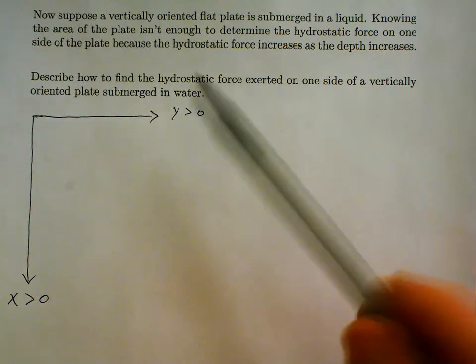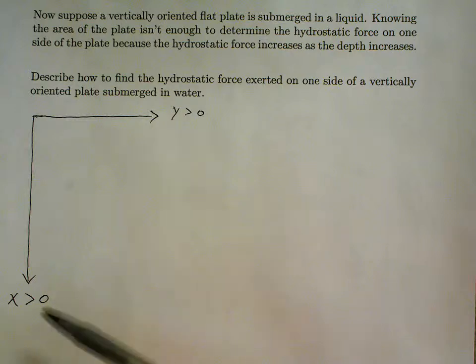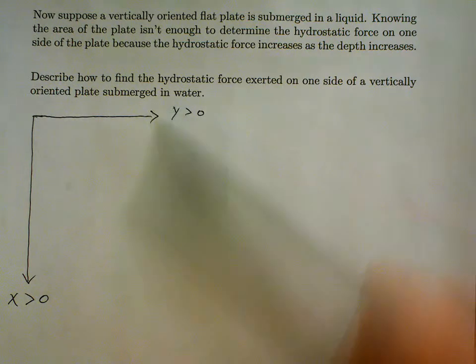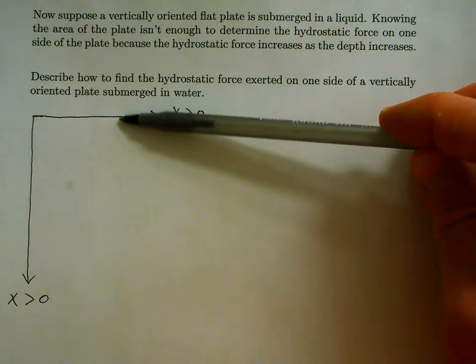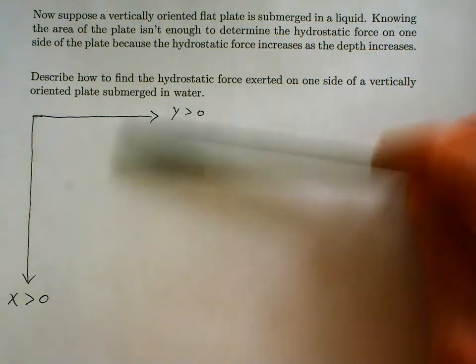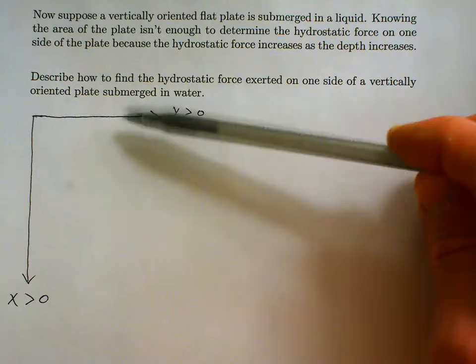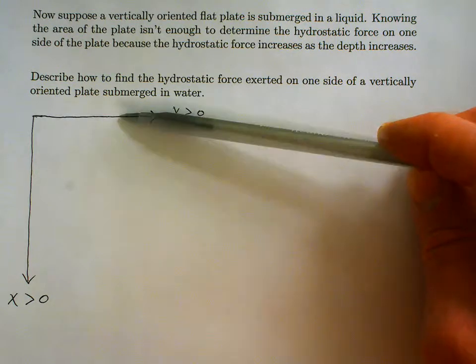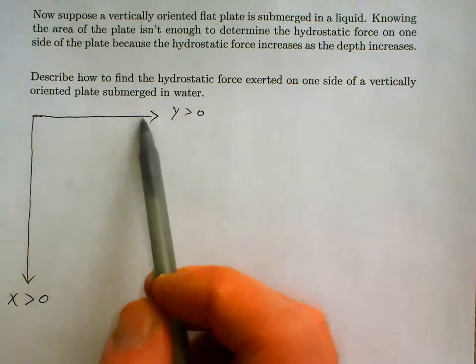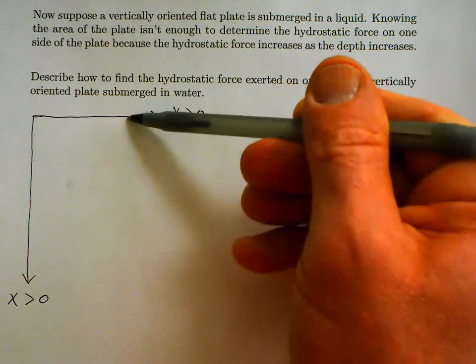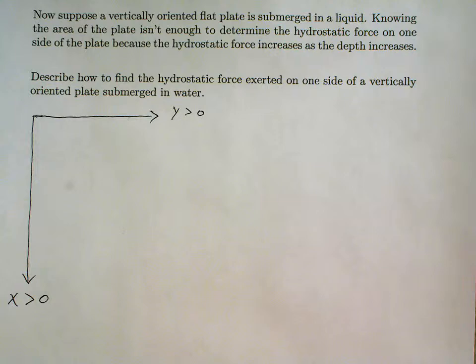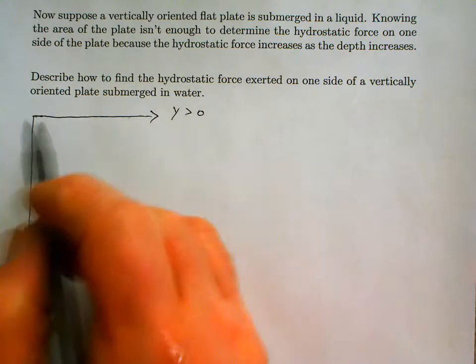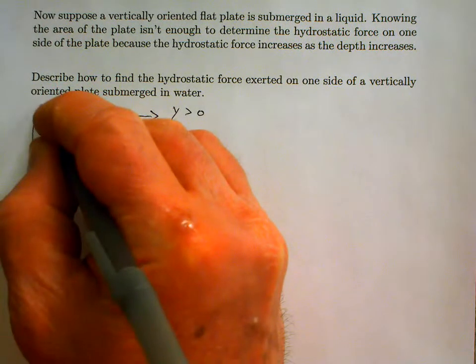The reason I think that this is done is we can describe the depth in terms of positive x values if we start at the top where the surface of the water is and move downward, the x values increase in the positive direction, corresponding to the depth increasing. So up here at the top, this is the water surface.